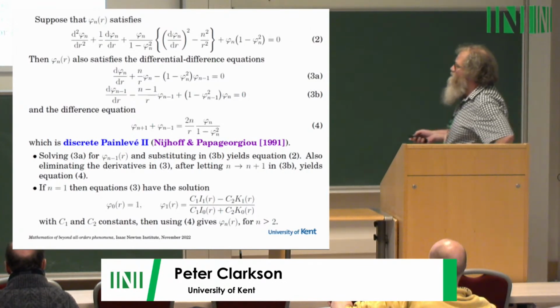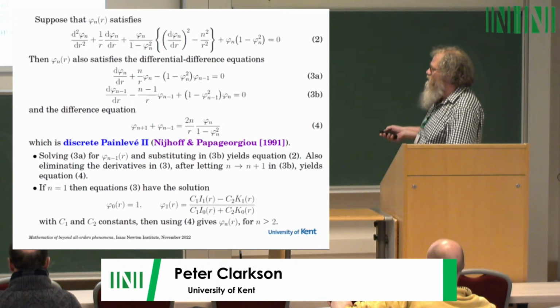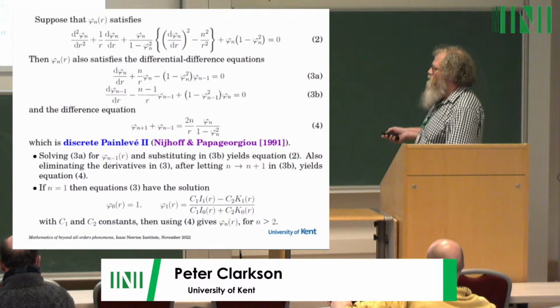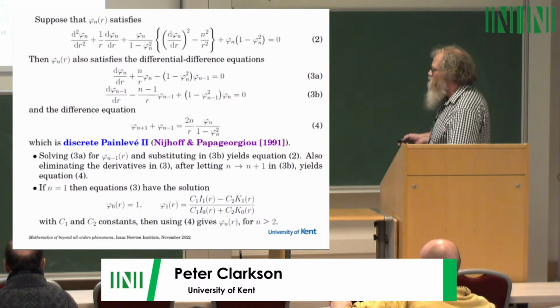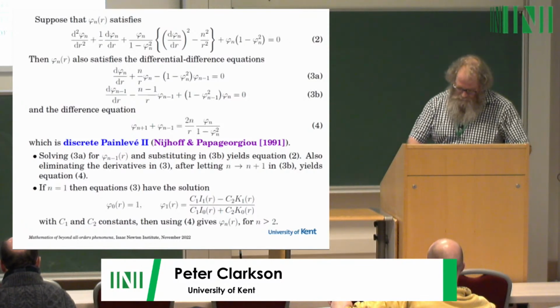Now, if you just look at equations 3, when n equals 1, they have these solutions in terms of Bessel functions. And then you can iterate and get all the other ones if you wanted to.